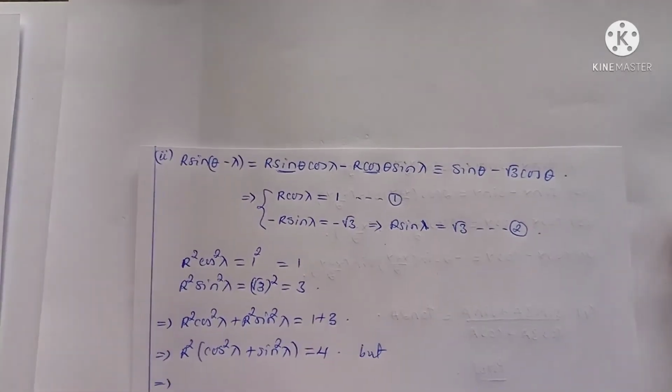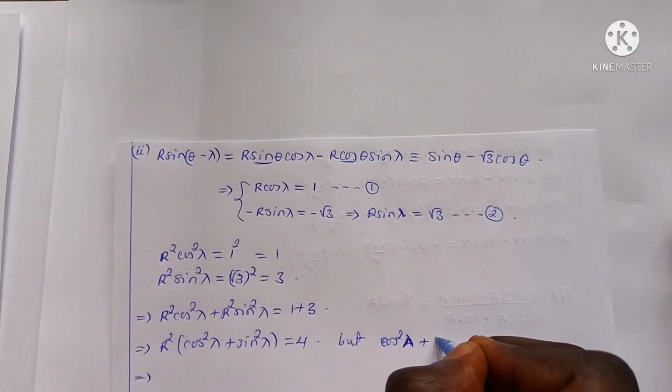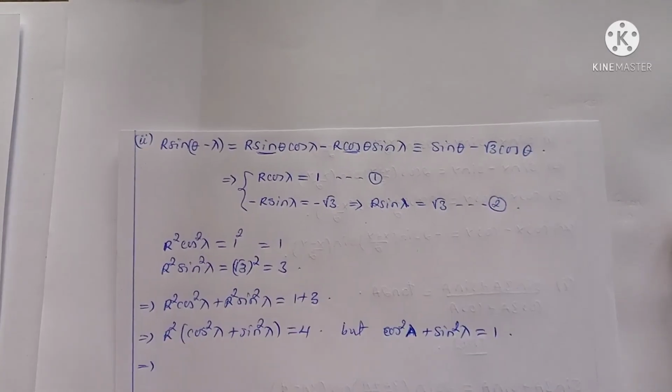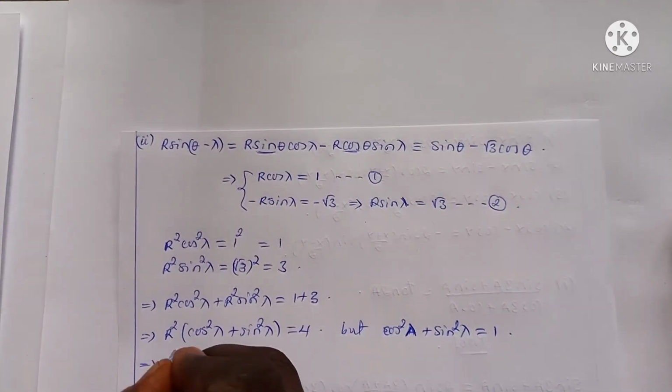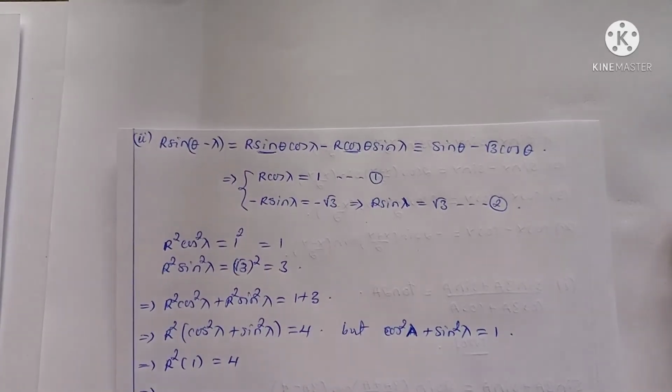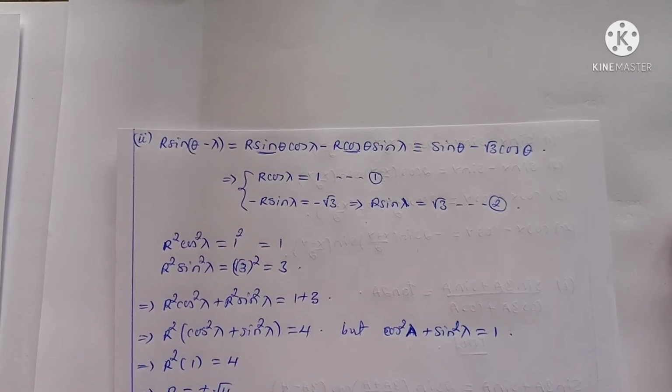But we know that cos squared lambda plus sine squared lambda is equal to 1. Therefore, r squared times 1 is equal to 4. So r is equal to plus or minus the square root of 4, which is plus or minus 2.